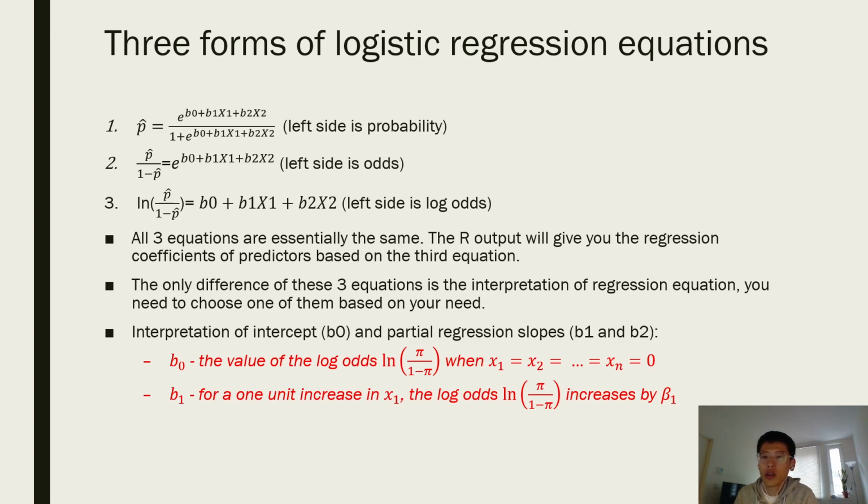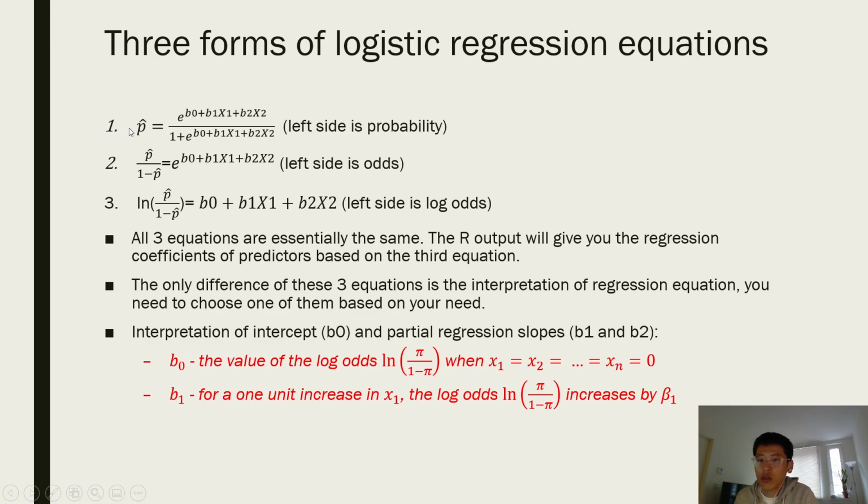Okay, so let's look a little deeper into the equation. Here we have three forms of the logistic regression equation. I think you are familiar with the first one or the third one maybe. We can leave the second one a little bit later, but let's look at the first one.